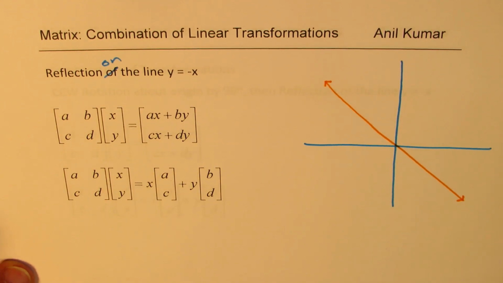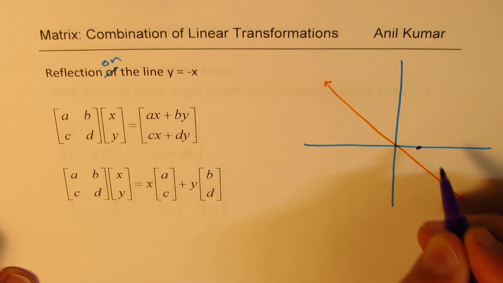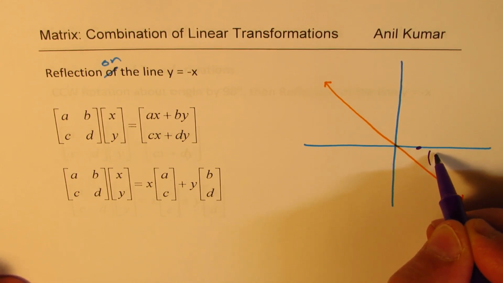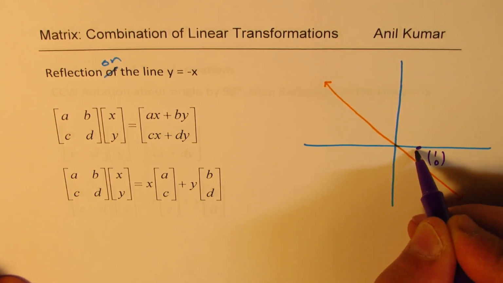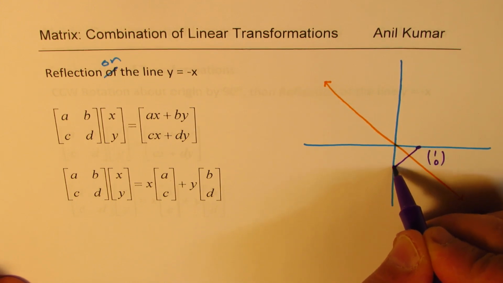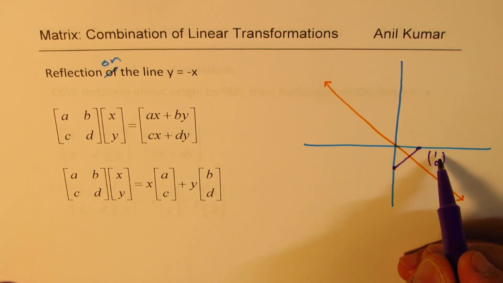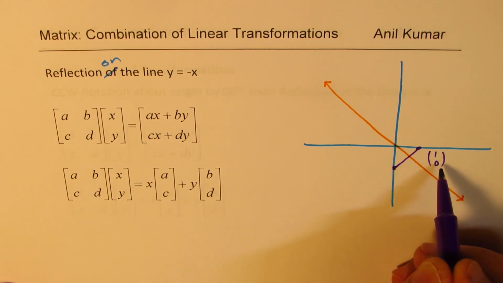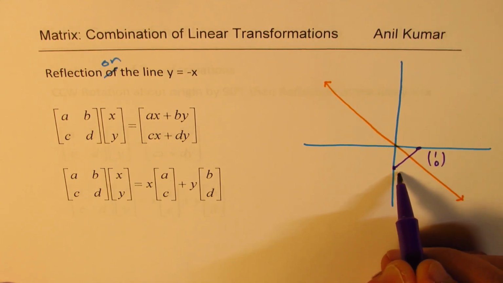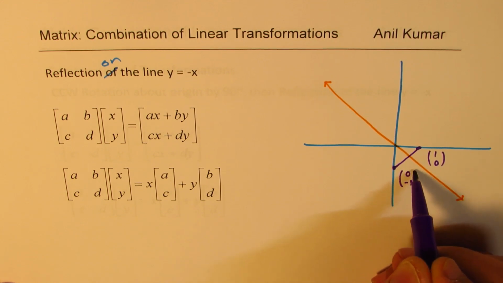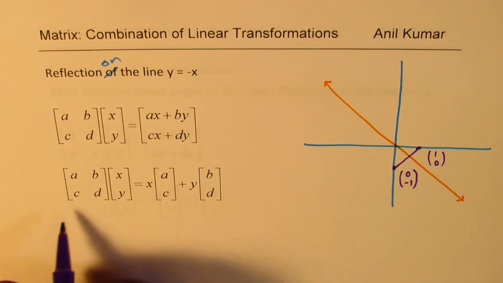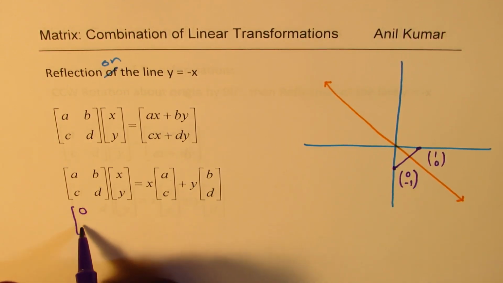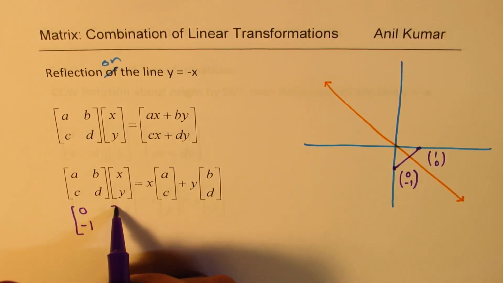Now if you look into this line, and again we look into the points, which for us are the i cap, which is 1 and 0, so it gets reflected, so it will be here on this point, right? So the y value is -1, the x value becomes 0. So that is basically 0, -1. And therefore, the transformation will be 0, -1. You get the idea. So it is as simple as that. Do you see that?